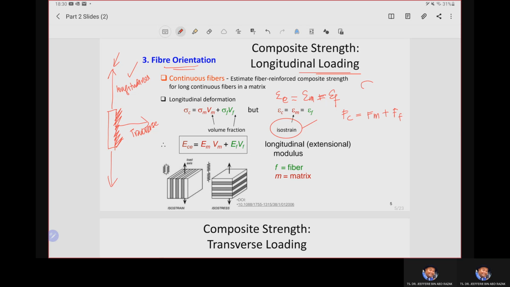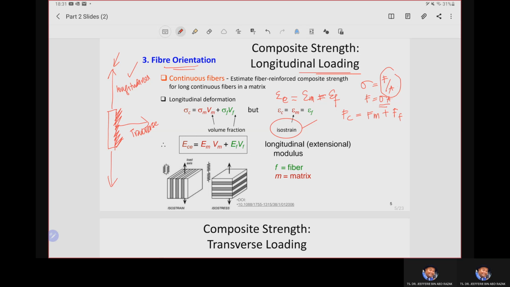We understand that sigma equals F over A, so F equals sigma A. From this simple definition of stress, the force equals sigma A.